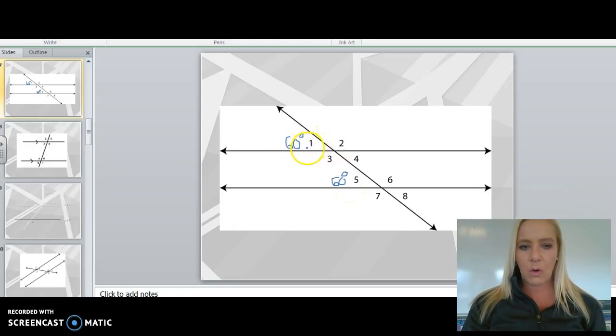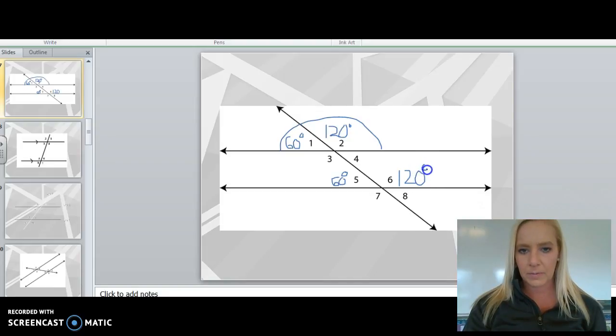So if angle 1 is 60, this entire angle is 180 because it forms a straight line. So therefore, angle 2 is 120 degrees, because 120 plus 60 equals 180. The corresponding angle of 2 is 6.